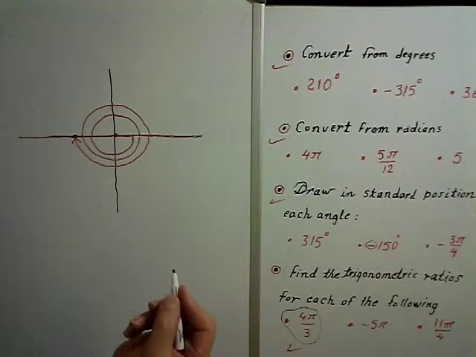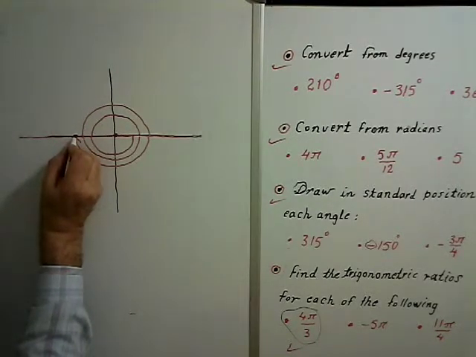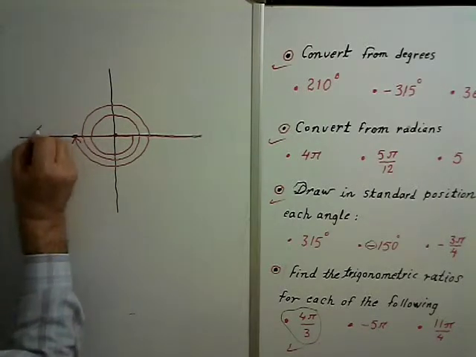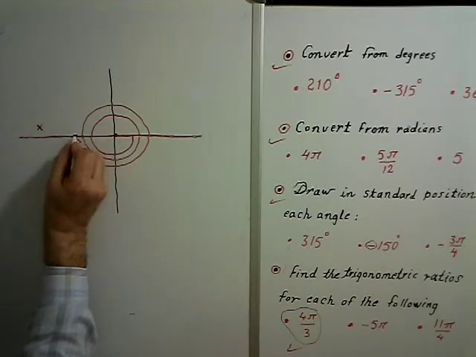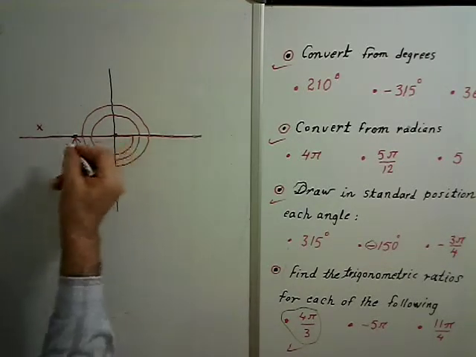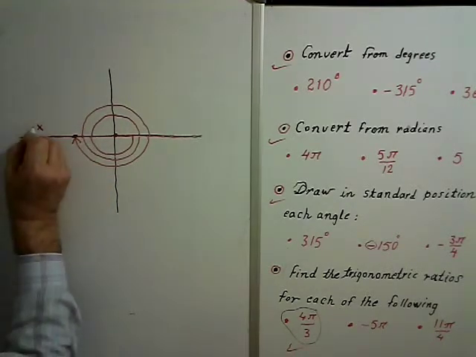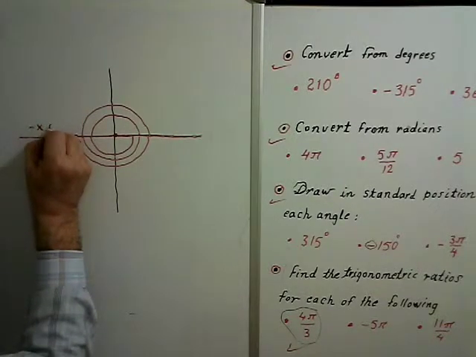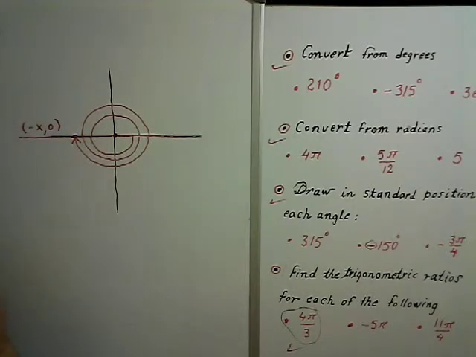what are the coordinates for any point here? We know for the x, if you consider just one unit here, that's fine. Consider any unit. So just x, in negative, of course. And y is 0. You see?